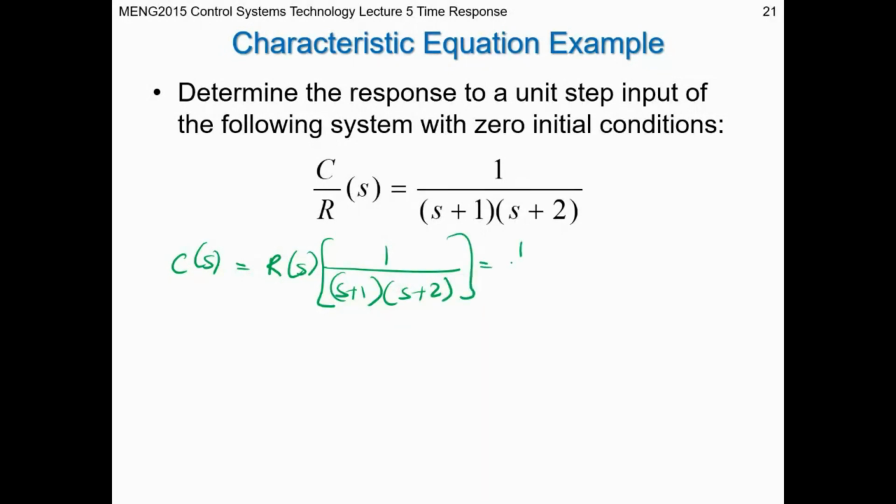And that's going to be a unit step, which is 1 upon s. So now from this we could take partial fractions.